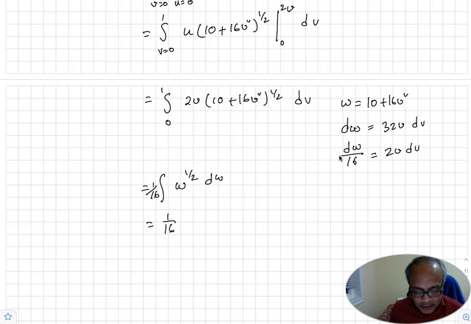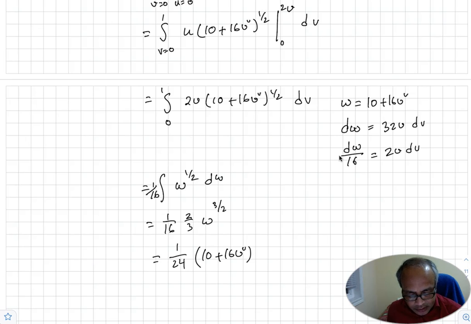So w to the power half, its antiderivative will be 2 over 3 w to the power 3 over 2. Okay, so I have to put some limits, but before doing that, I can see this is 1 by 24, and w is 10 plus 16v squared to the power 3 over 2. Now I can put the limits from 0 to 1.